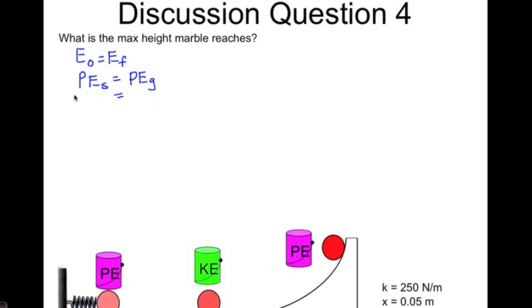Well, when we plug our equations in, 1/2 kx squared equals mgh. And we are solving for height, so let's get height by itself. We get kx squared in the numerator and 2mg in the denominator. We can plug in our values.